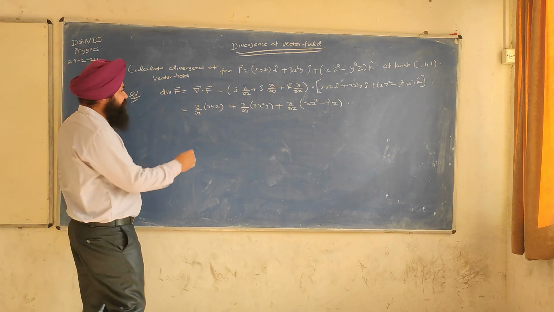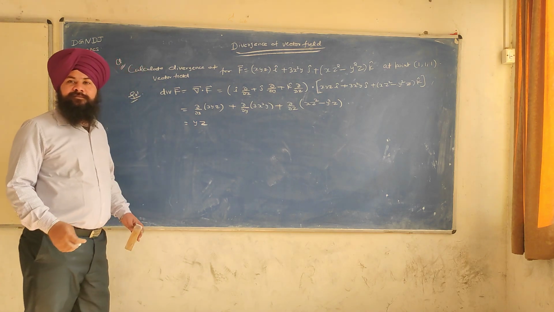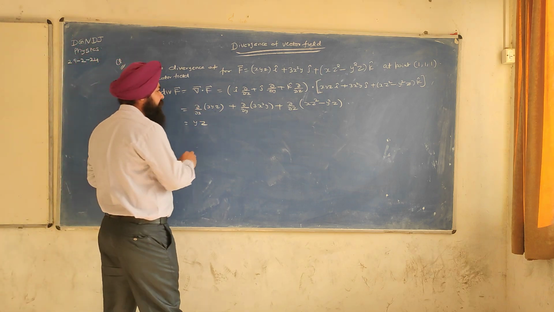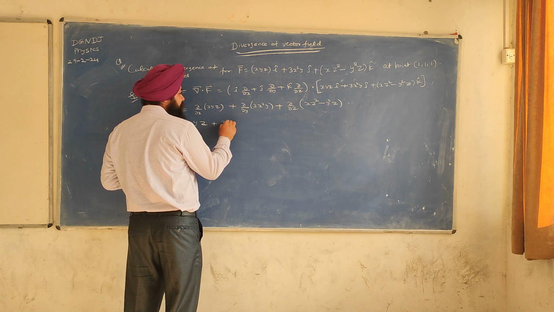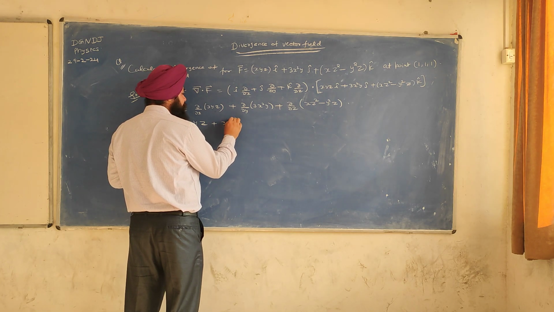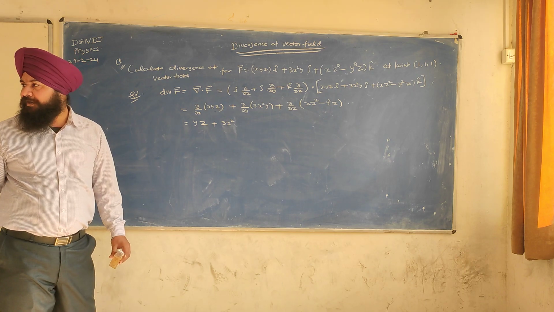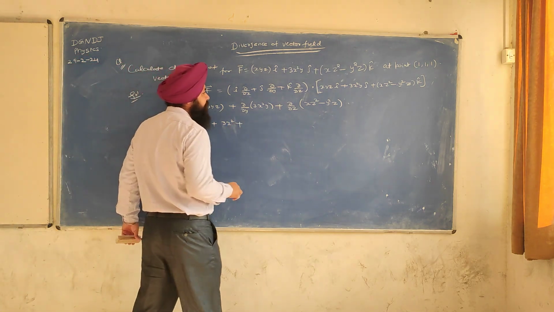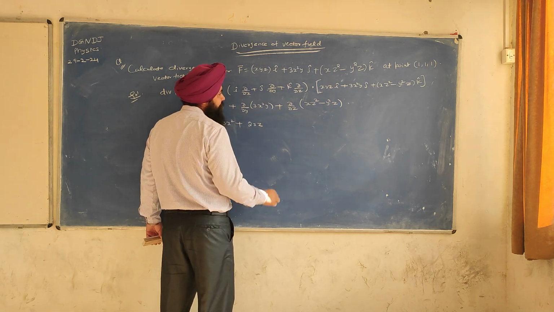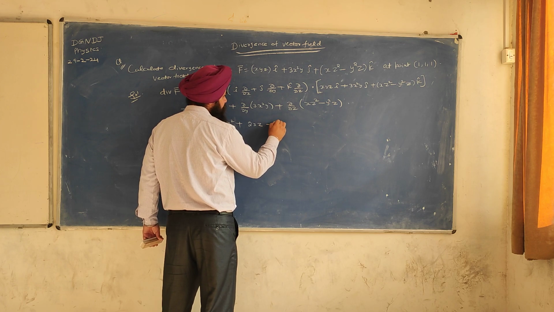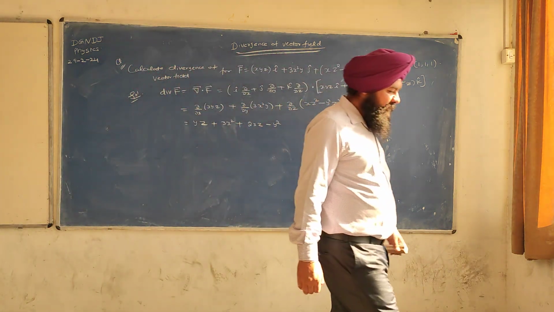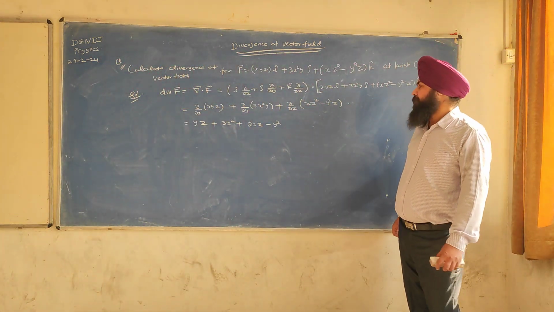Okay, what's the answer? yz is constant taken outside, curly x by curly x is 1, and here the answer is 3x square into 1 plus here the answer is 2xz minus y square. And so yz plus 3x square plus 2xz minus y square.